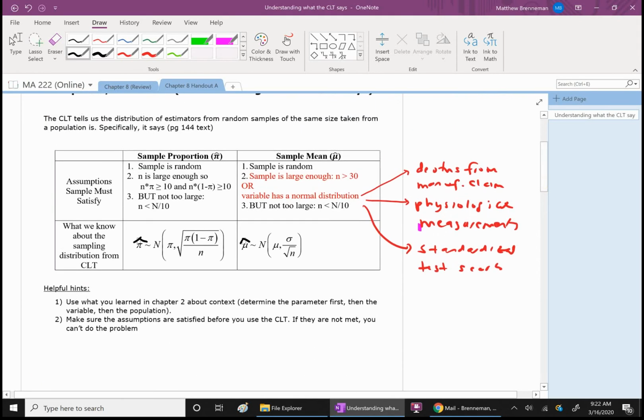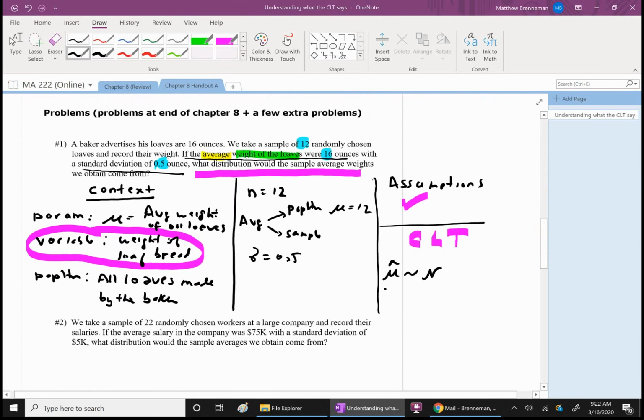I'm going to put whatever the value of mu, sigma, and n is. So mu was 12, sigma was 0.5, and n was 12. So it's 0.5 divided by the square root of 12.